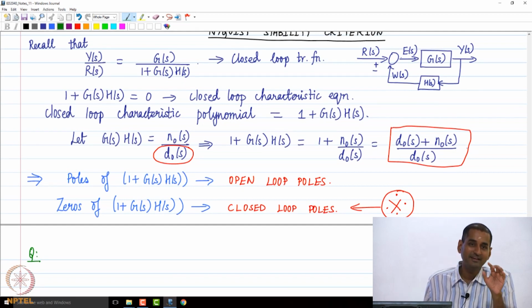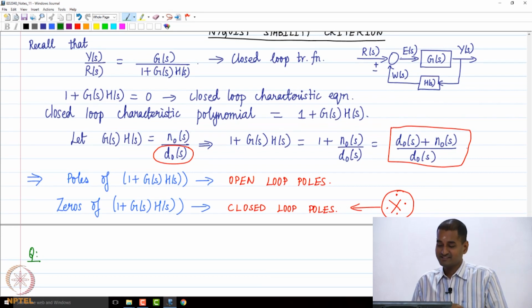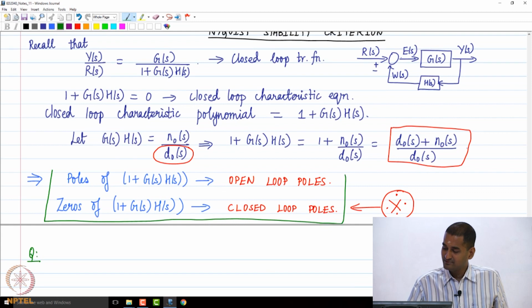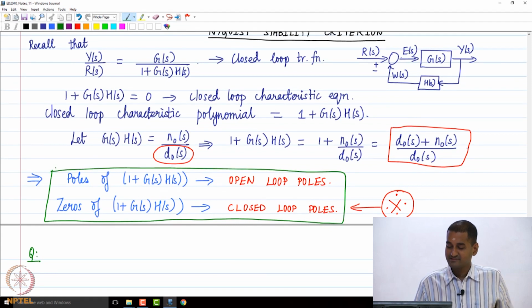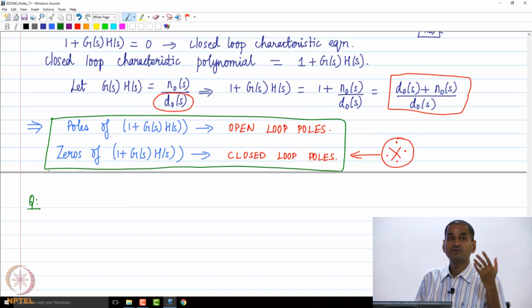But from here onwards I will just use this terminology. That is why we came to this.